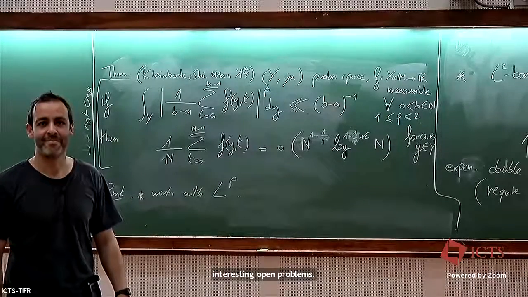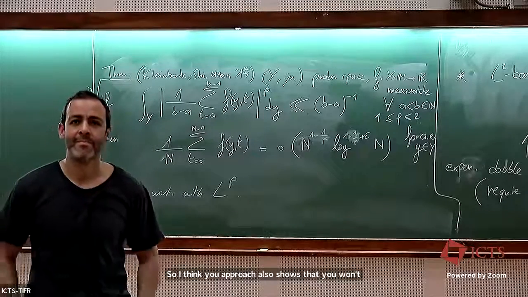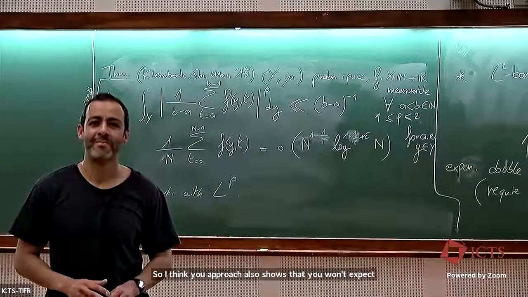So I think your approach also shows that you won't expect an asymptotic for alpha that are in the residual set, except if they correspond to an invariant measure, say, to some periodic orbit or something like that. Right? Have you looked at that?